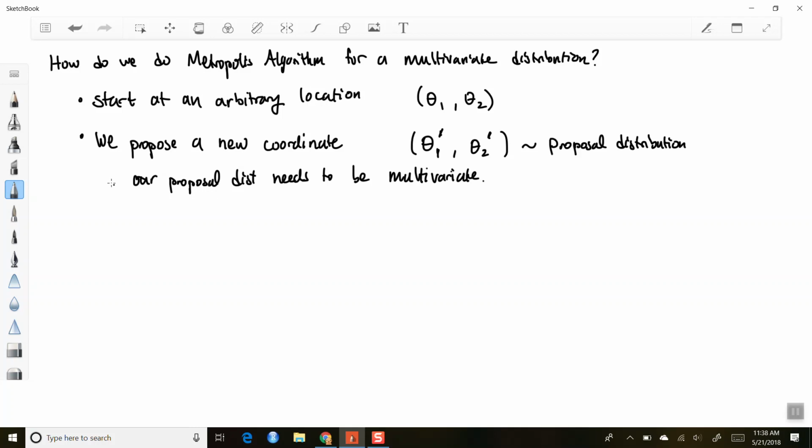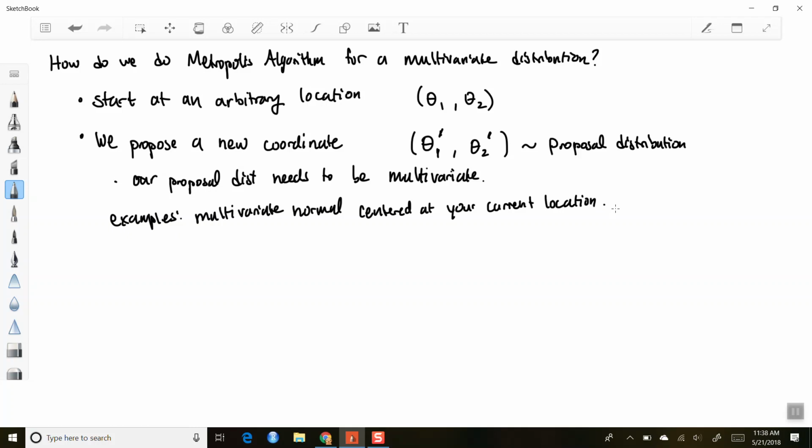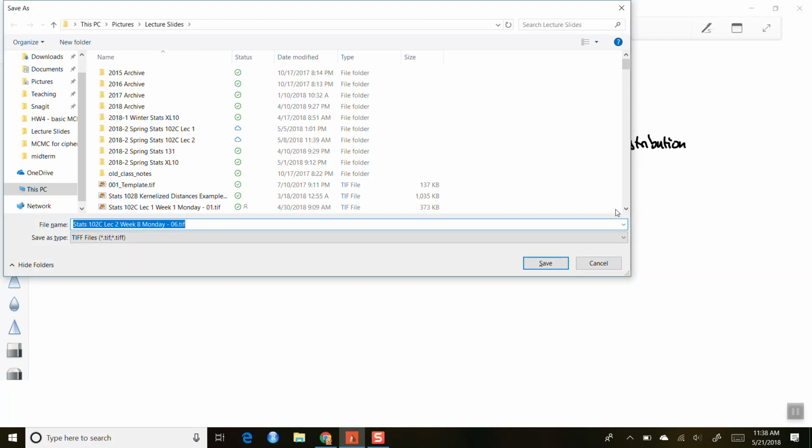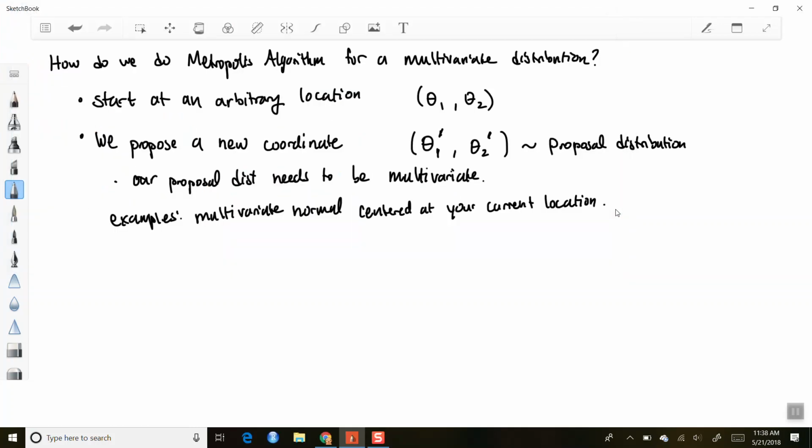Okay, so let me just give you some examples. One would be the multivariate normal, centered at what? Your current location, right? So the unidimensional case for the Gaussian proposal was a normal distribution centered at your current location.